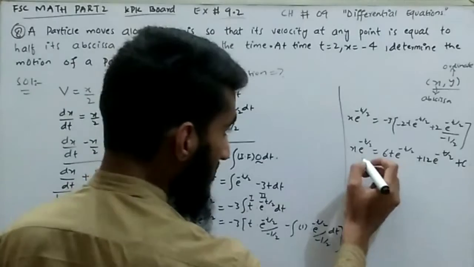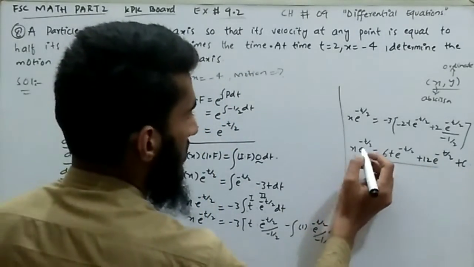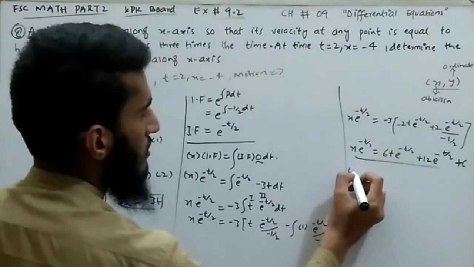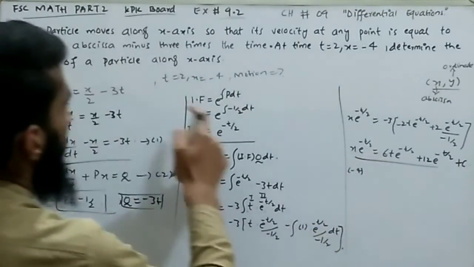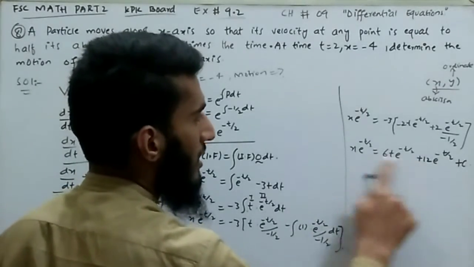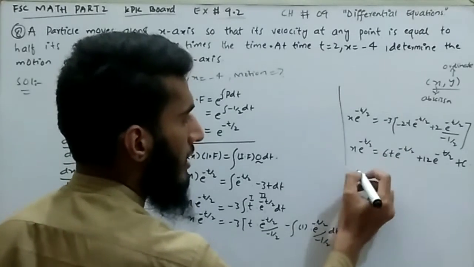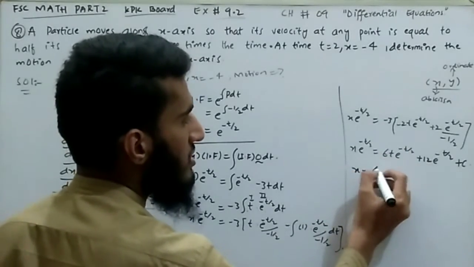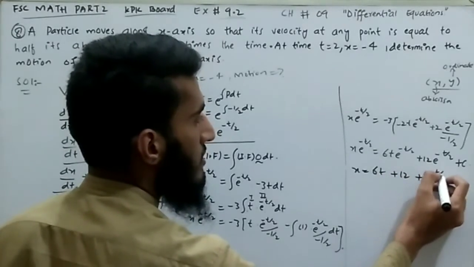Now, this is actually passing from x is equal to negative 4 and t is equal to 2. So I simplify it further by removing this e power minus t by 2. Multiply e power t by 2 to both sides, it becomes x is equal to 6t plus 12 plus e power t by 2 into c.